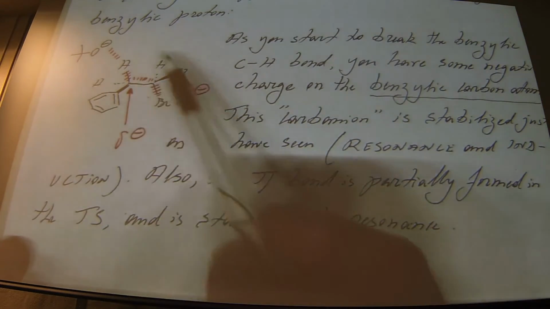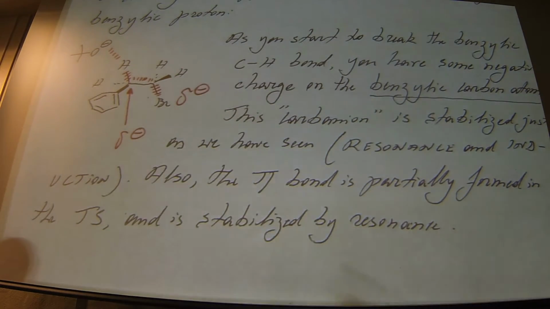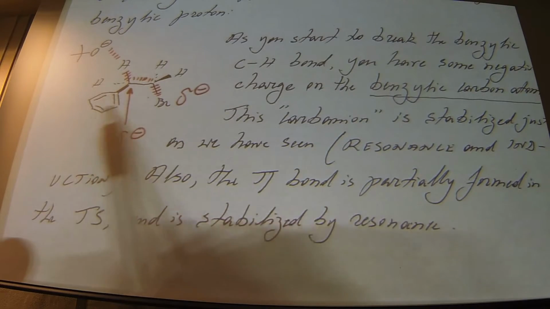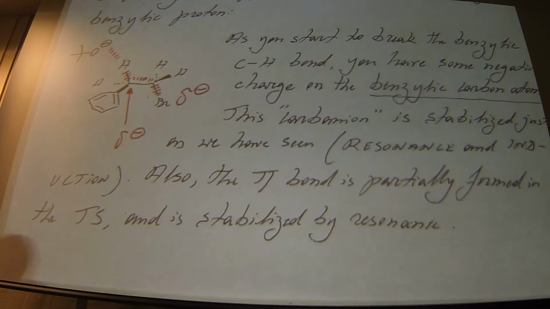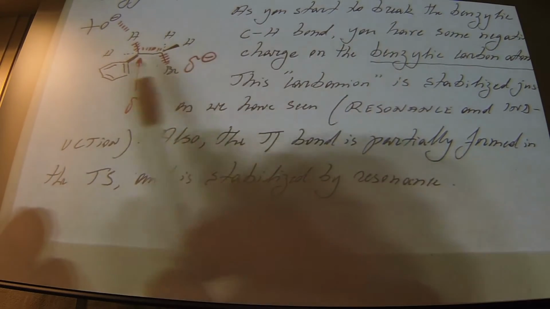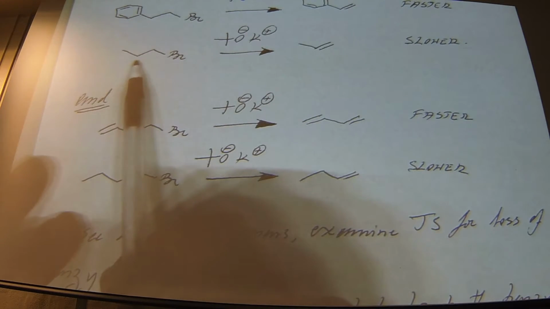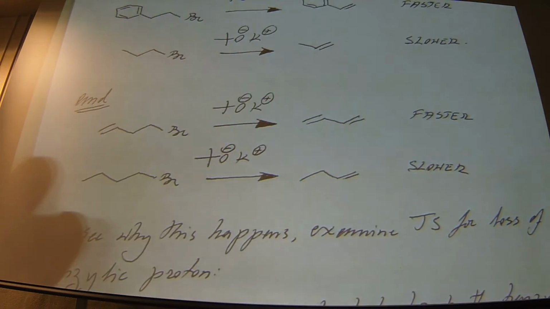And so the energy of this whole transition state is lower because the negative charge is partially delocalized into that aromatic ring. And so that's why you get a faster reaction here, because the transition state for removal of that proton is lower in energy than for removal of that proton. When you start to remove that proton, the negative charge there goes into the ring, nowhere to delocalize it here.